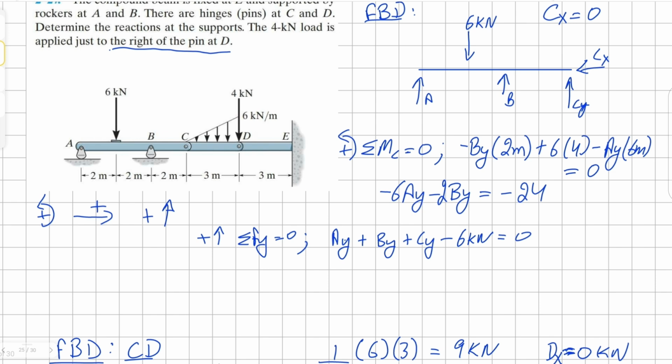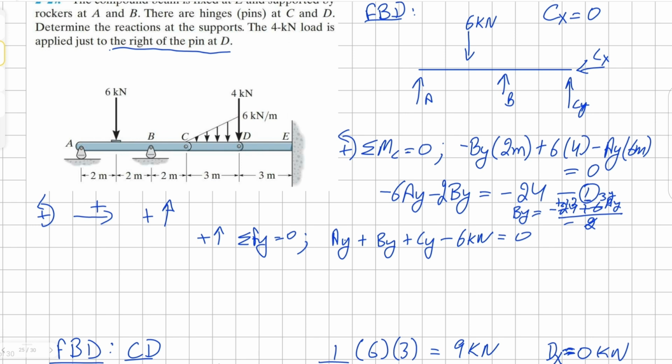We can manipulate our value from the moment equation to get value for By with respect to Ay. It's going to be negative 24 plus 6Ay divided by negative 2, and solving this, we get positive 12 and negative 3Ay.